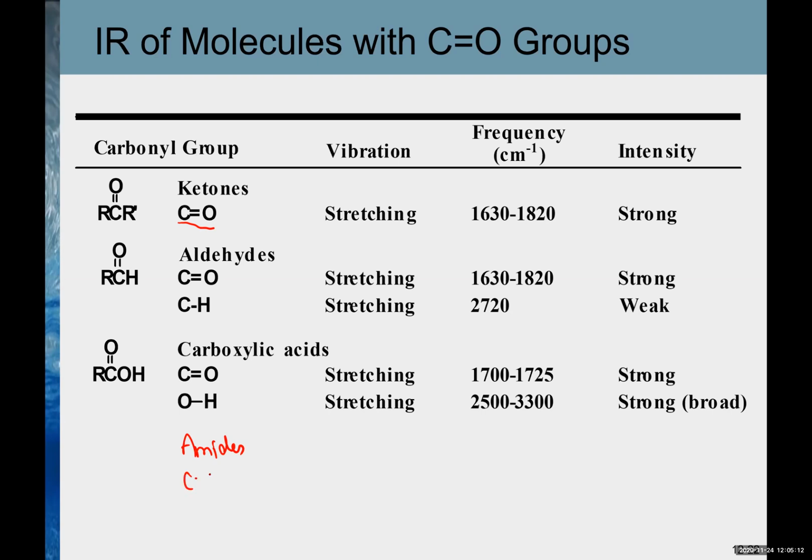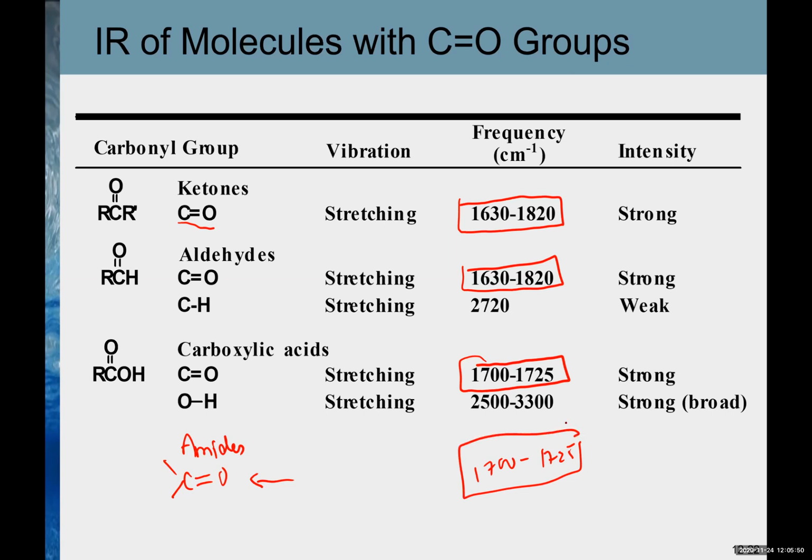They all have a C double bond O. The C=O peak is a high intensity peak, anywhere from 1600 to 1820 for ketones, 1600 to 1820 for aldehydes, 1700 to 1725 for carboxylic acid, and the same zone for amides also.